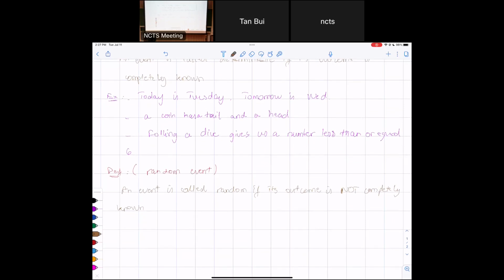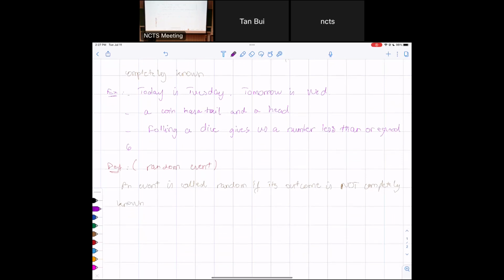Okay, so let us give a couple of examples. For example, rolling a dice. You don't know what the outcome is. It can be any face, it can be 1 or 2 or 3 or 5 or 6.